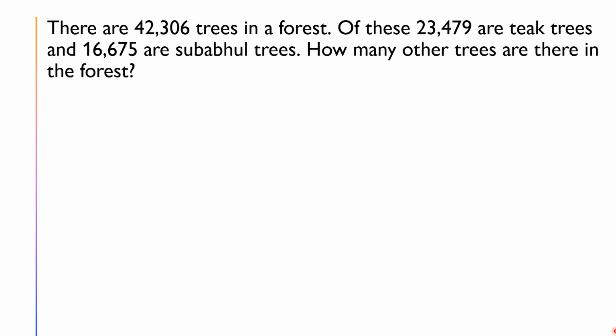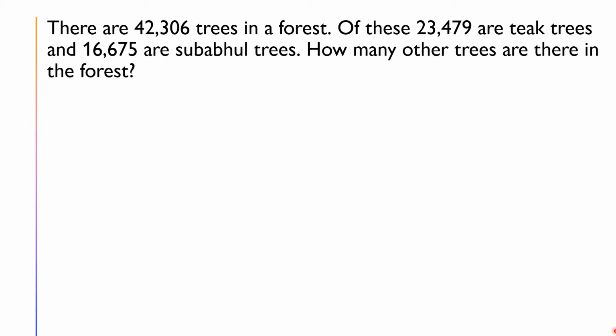There are 42,306 trees in a forest. Of these, 23,479 are teak trees and 16,675 are suberbull trees. How many other trees are there in the forest?